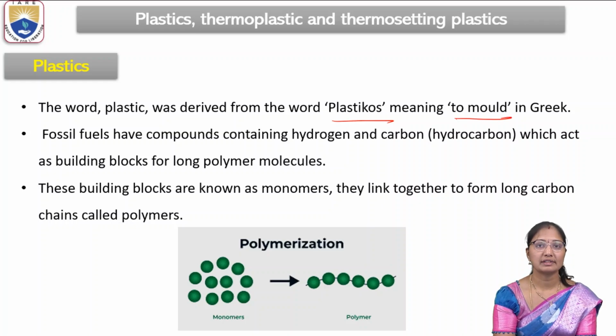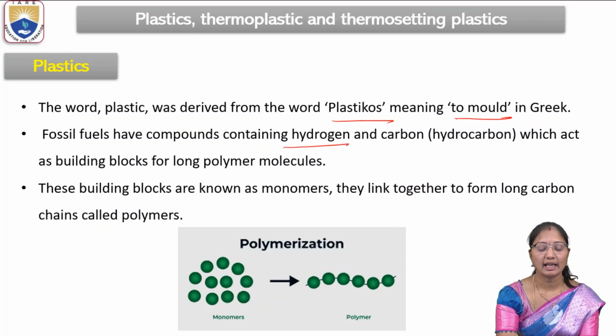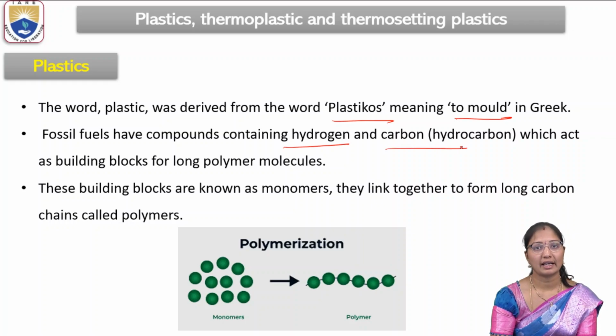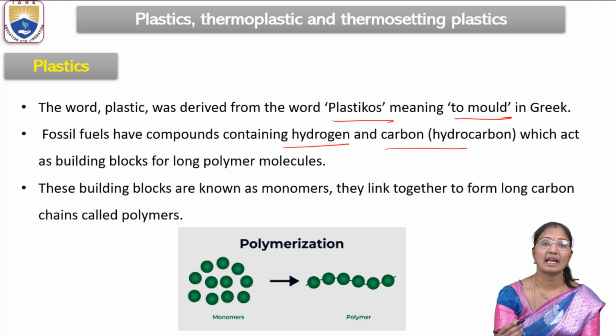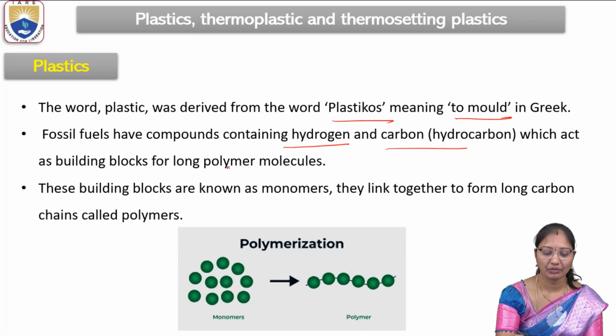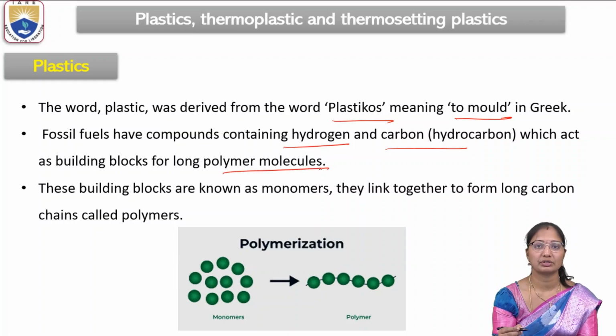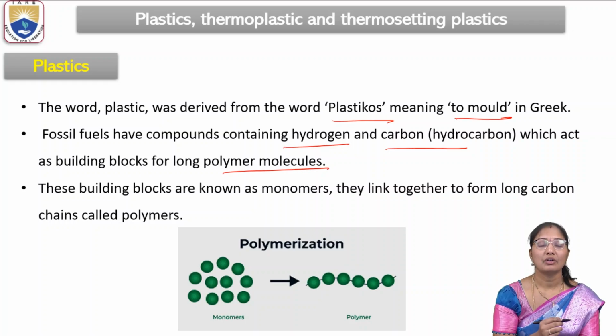The fossil fuels have compounds containing hydrogen and carbon. These polymers are generally hydrocarbons, which act as the building blocks for long polymer molecules. Fossil fuels are buried under the earth for millions of years, and they generally consist of carbon and hydrogen compounds.